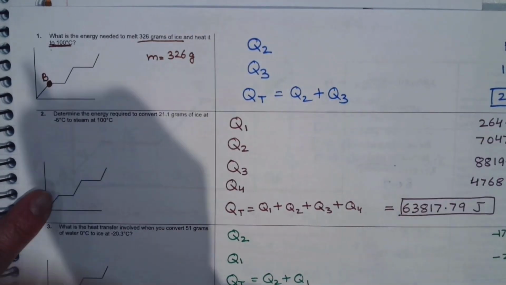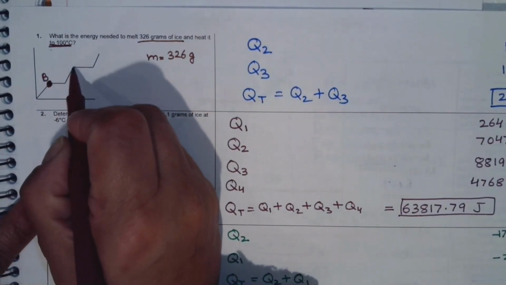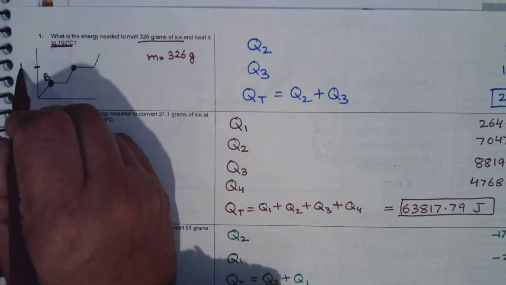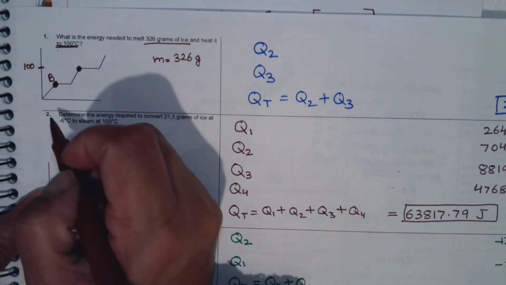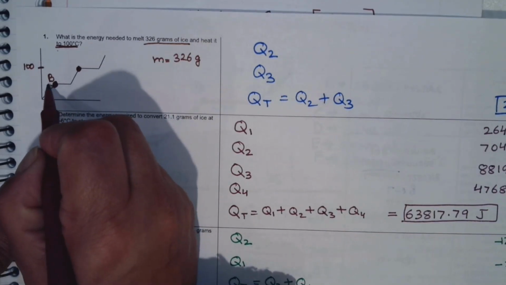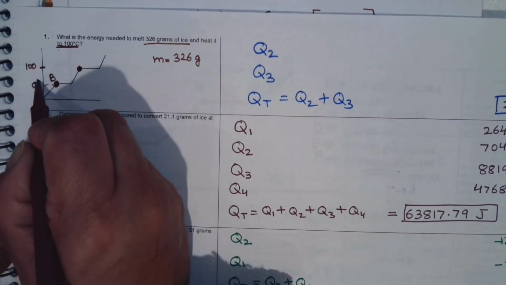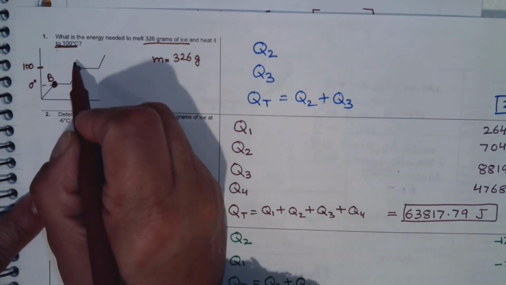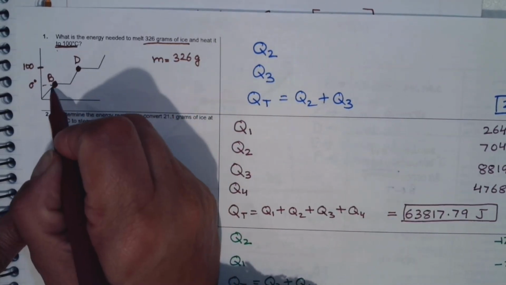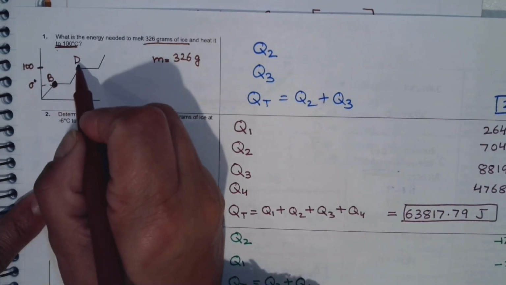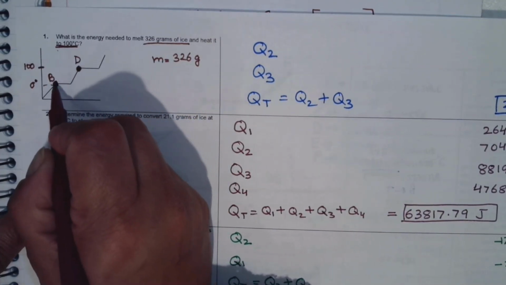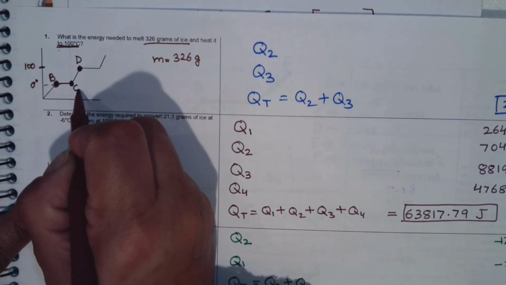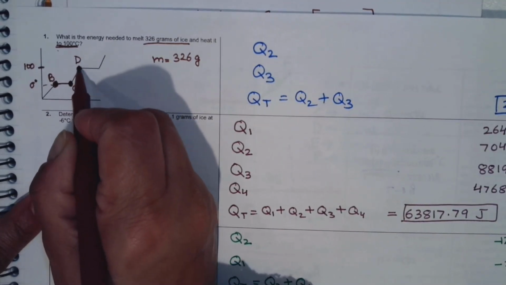So we are going to go from B to D, starting at 0 degrees Celsius and ending at 100. How? We cannot just go directly to D, right? We have to go through C. So first you will go to C and then from C to D.